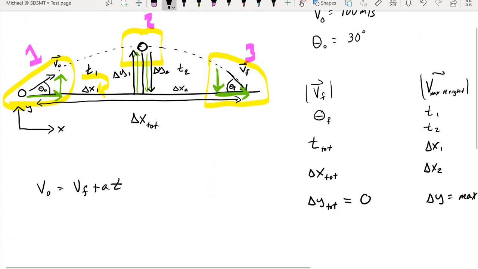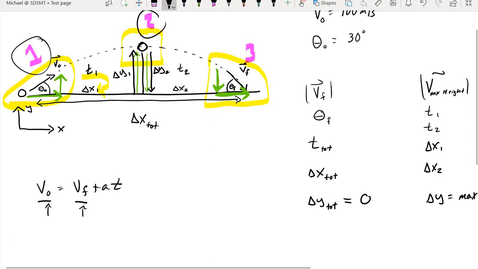This kinematic equation says I have to relate the initial velocity to the final velocity. Well, these subscripts really just mean that I have to relate the velocity of a starting point to some end point. I could start at point 1 and end up at point 3, but I could also start at point 1 and end up at point 2.